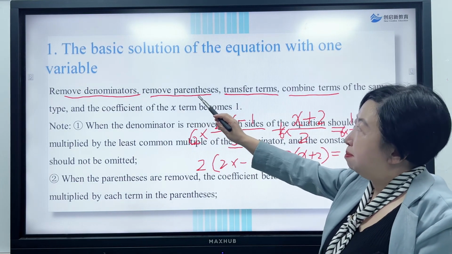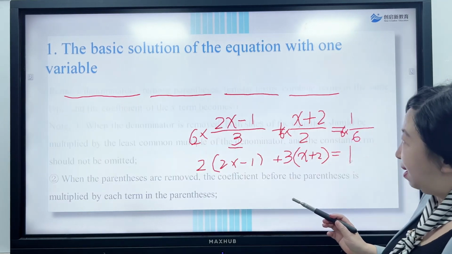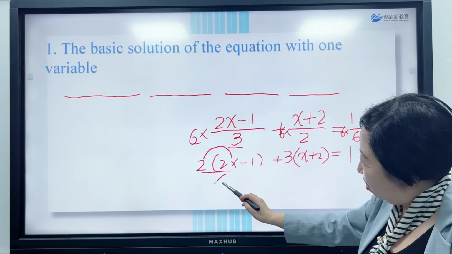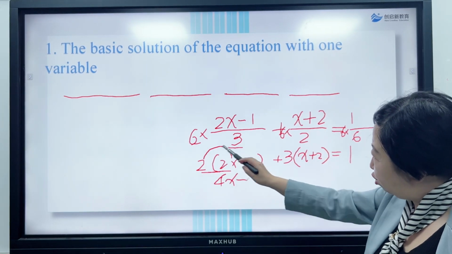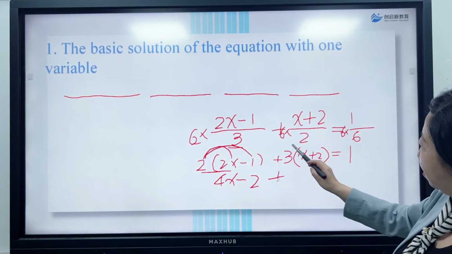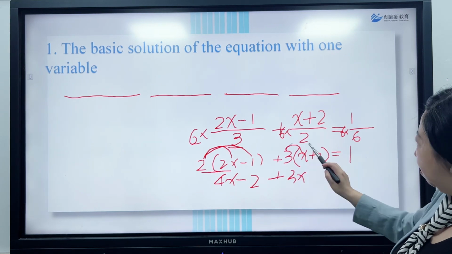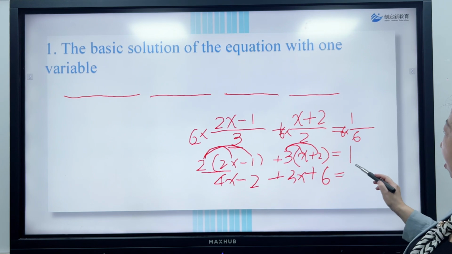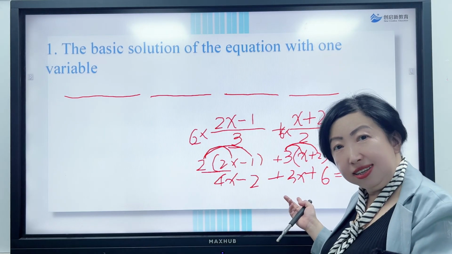Then we remove the parentheses. Here, of course, 4x minus 2, here 3x plus 6 equals 1. That was the second step.